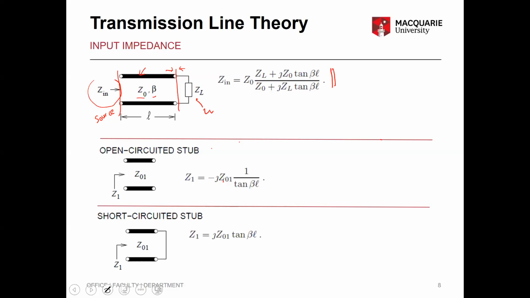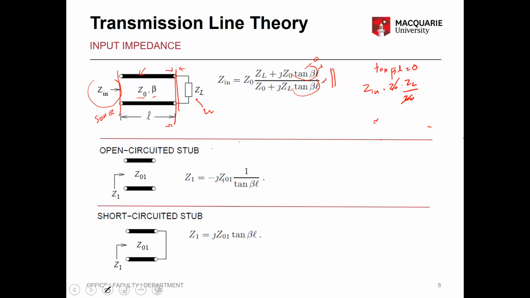Then tan beta L equals 0, so this whole term goes to 0, and you're left with Zin equals Z0 times Z load over Z0. That cancels out, so the input impedance at this point is Z load. That's something we already know.